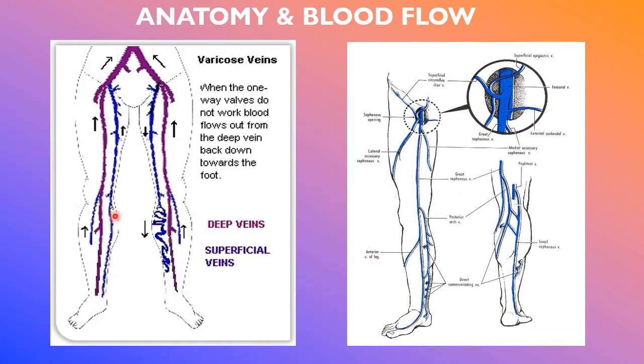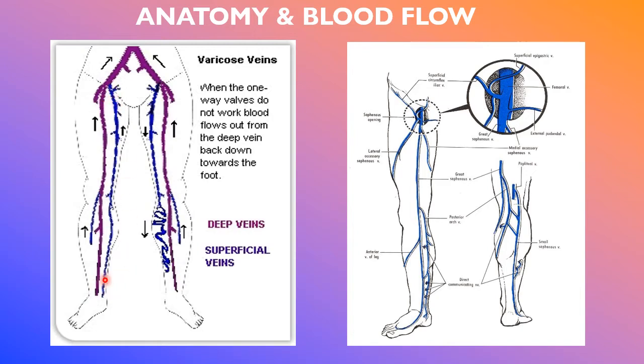The superficial and deep systems drain the lower limb of blood into the femoral vein and above. The deep veins have multiple valves along their course which prevent the backflow of blood as the muscle pump in the calf and the thigh contract to expel the blood upwards towards the heart.